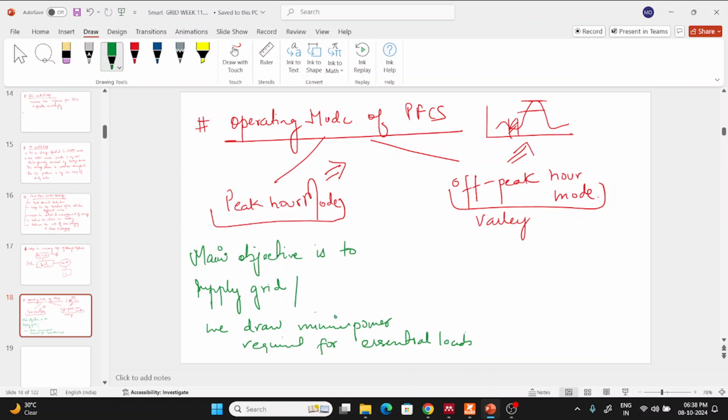Either we supply to the grid, और अगर हम ग्रिड से सप्लाई ले रहे हैं तो we should withdraw the minimum power which is generally required by the essential loads, which I just discussed.